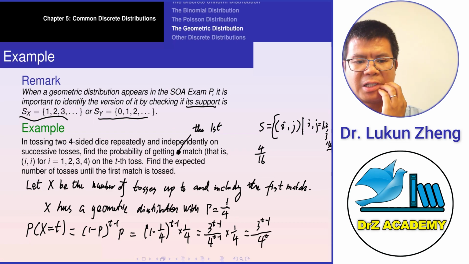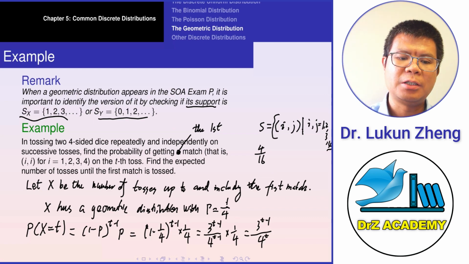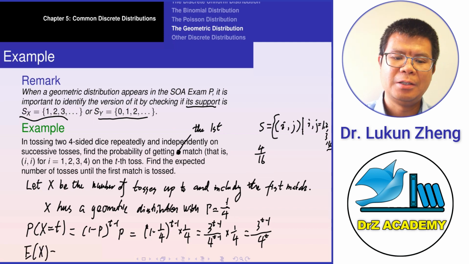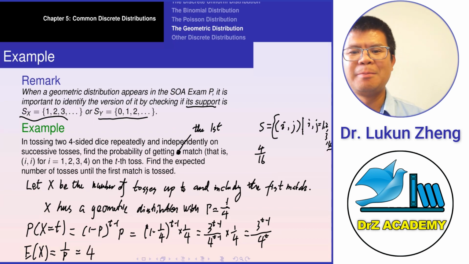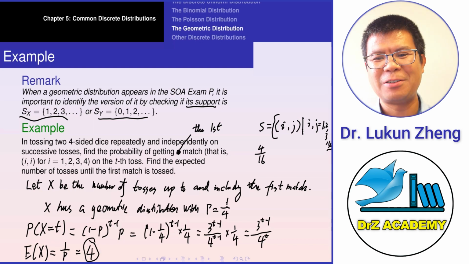That's the probability for X equal to t. The expected number of tosses until the first match is E[X] = 1 over p, and since p is 1 over 4, this is 4. Very good, that's the first example.